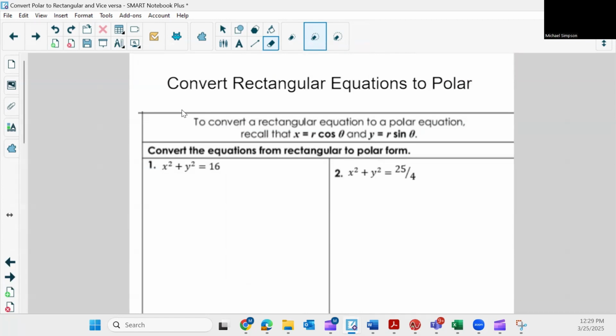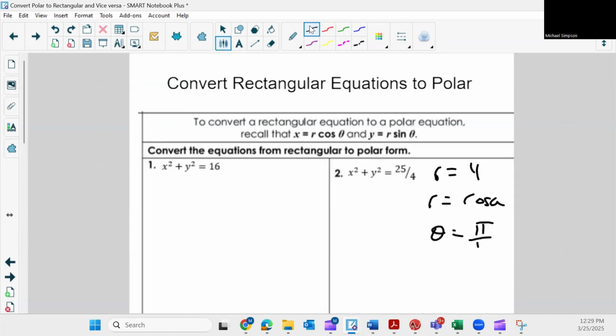In polar form, the equation must look like R equals some kind of trig function or number. R equals 4, or R equals, say, cosine. It's R equals something. Or you may have the occasional straight line, theta is equal to pi over 4, or an angle.